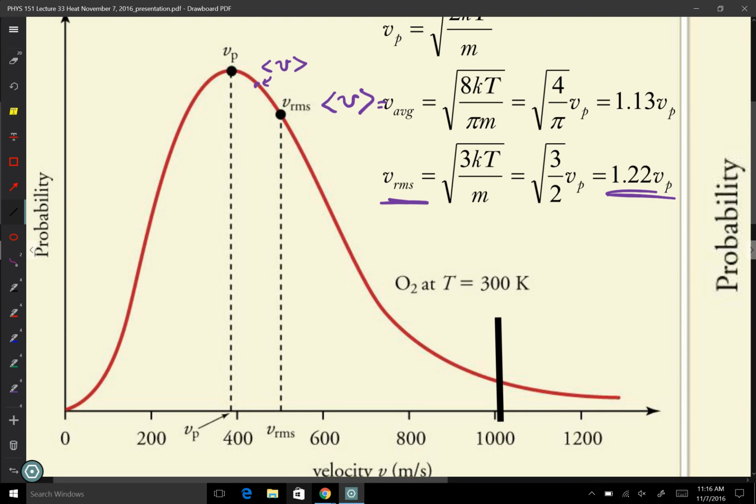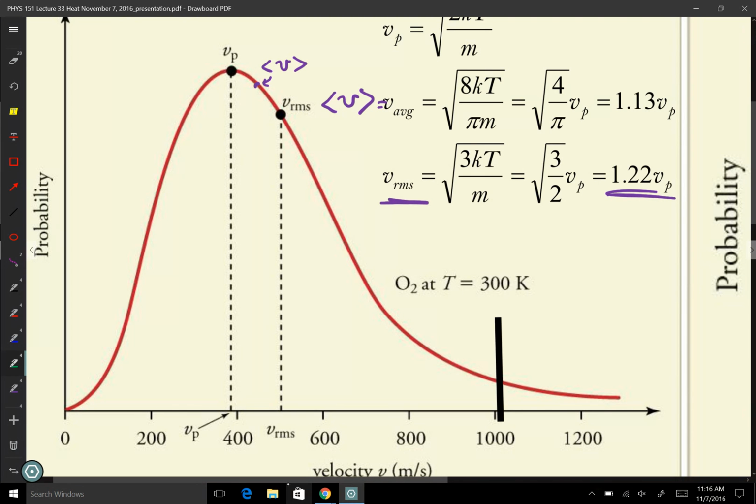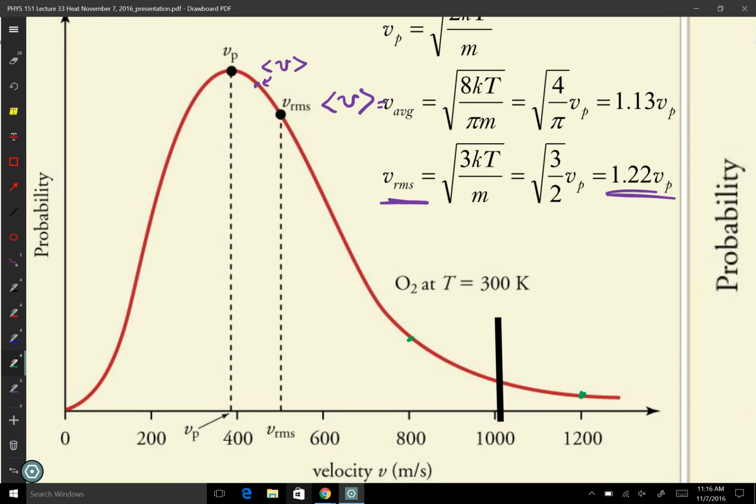Not every molecule above there will break free because it has to get to the surface. But any molecule that gets to the surface at a speed above that can break free. Are there molecules that are going to have speeds above my black line? Yes. So if I have a molecule that has a speed out here and it gets to the surface, it evaporates. If I had a molecule with a speed here and it gets to the surface, what's going to happen? It stays in.